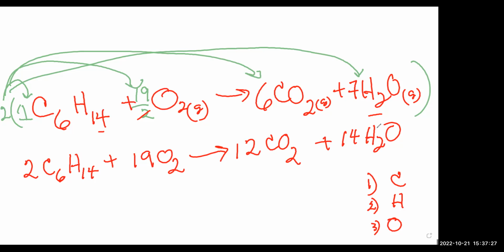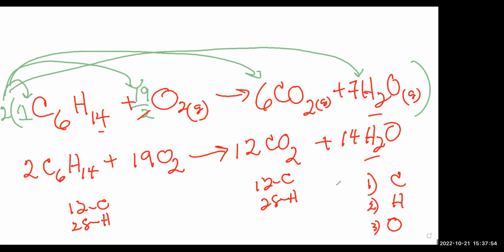Okay, now let's do a double check. I have 12 carbons over here, right? And I have 12 carbons over here. That's good to go. 2 times 14. Don't I have 28 hydrogens on the left-hand side? Okay, on the right-hand side, I have 28 hydrogens.